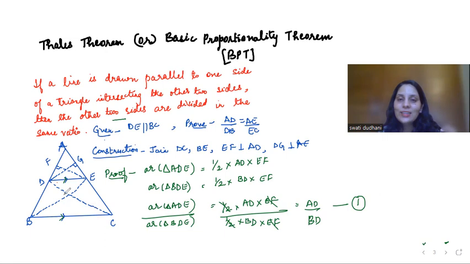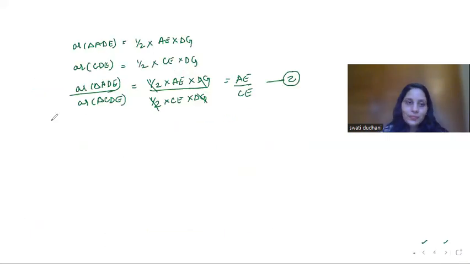So that is why they are equal in areas. So we can write area of triangle BDE is equal to area of triangle CDE. Reasons are very, very important.